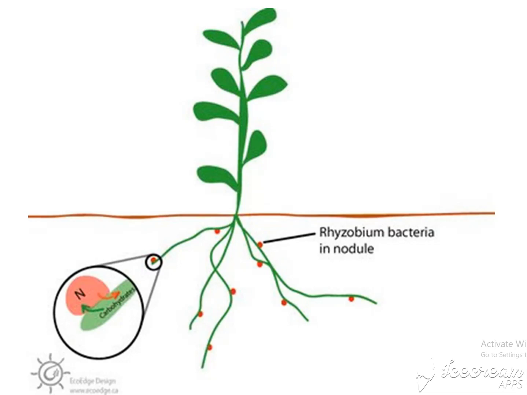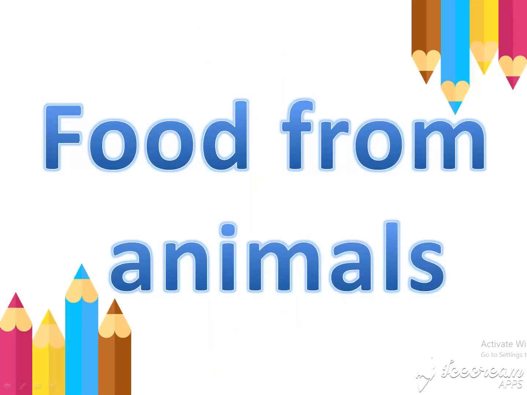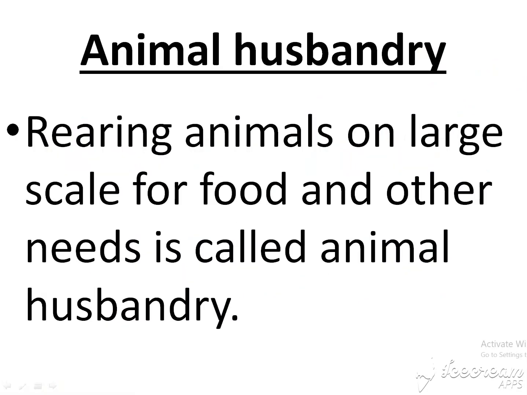Okay, up to this we have learned the plant cultivation, the steps involved in cultivation of plants. Now, animals also give us food, isn't it? We obtain many types of food items from animals.